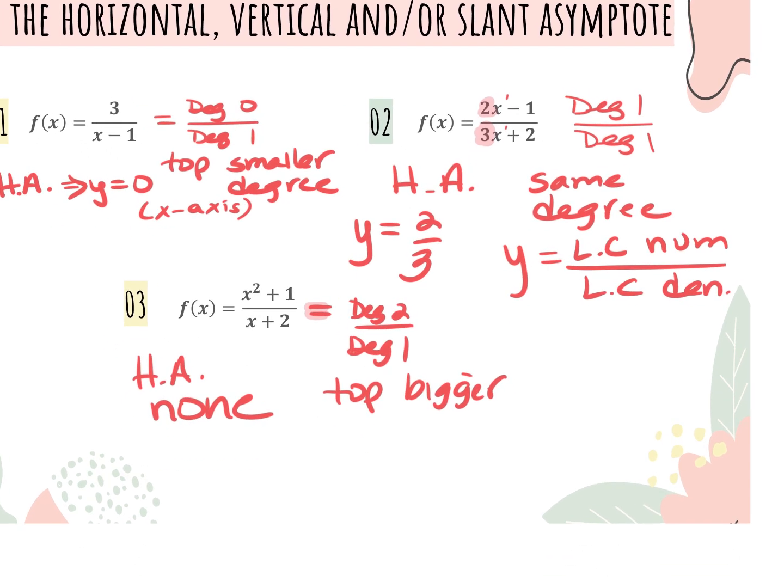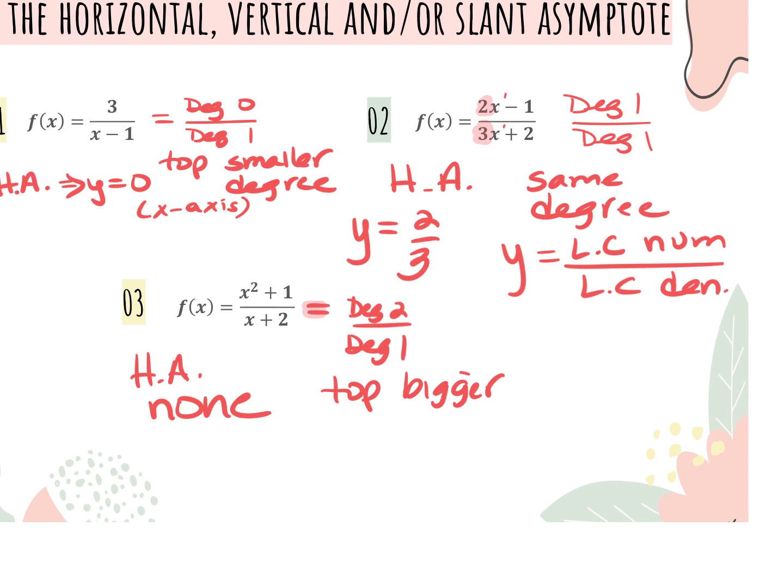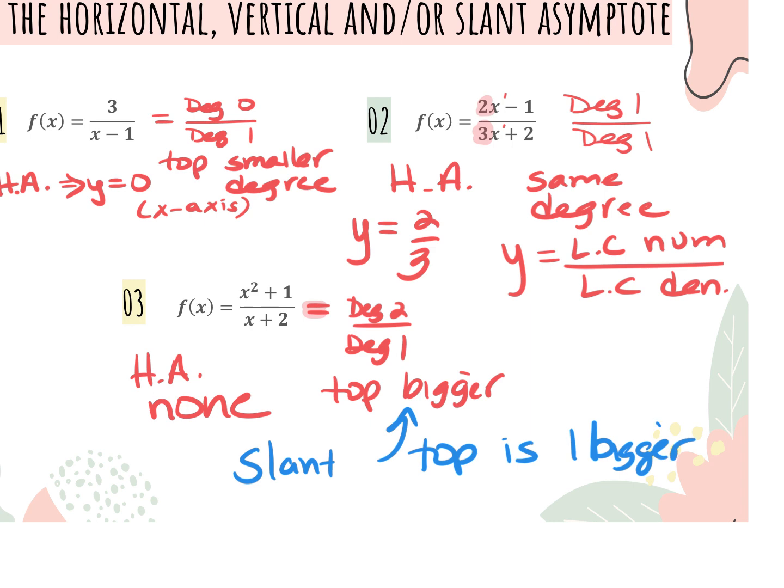Now, it also said to find a slant asymptote if one occurs. This one has a slant because the top is 1 bigger than the denominator. So when it's only 1 bigger, then I have to do long division.